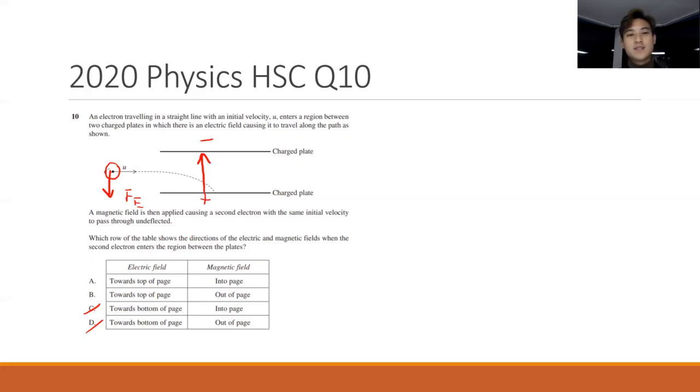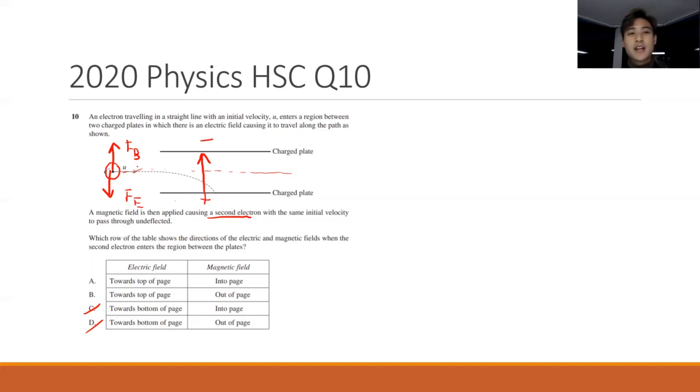For our second electron to pass through the field undeflected, we need an equal and opposite force acting up the page to get zero net force.